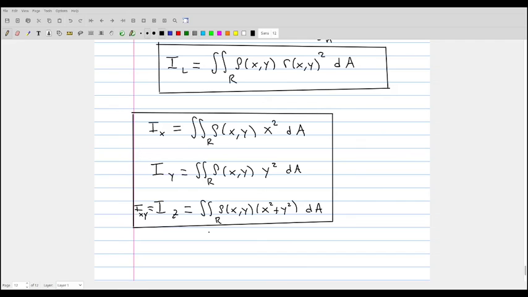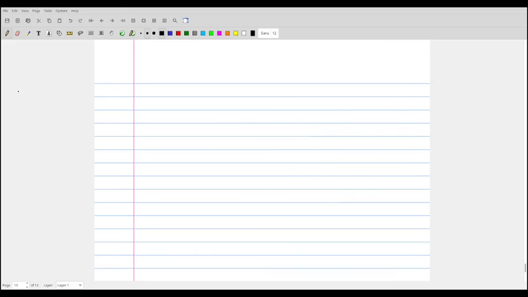I'm not going to go through and calculate the integrals for our example, but I will write down what the integrals are and what the correct final answers are. The moment of inertia about the x-axis for our example 1 will be the double integral from 0 to 1 in x, from 0 to 4 times x minus x squared in y, of the density function, which is 2 plus x squared plus y squared, times x squared.